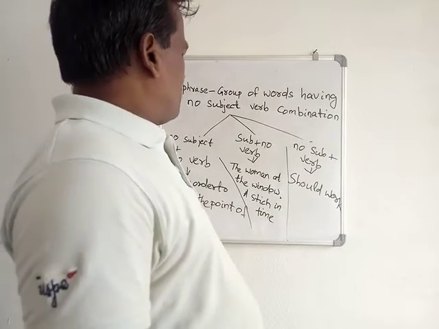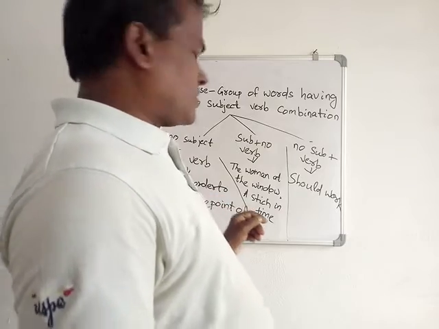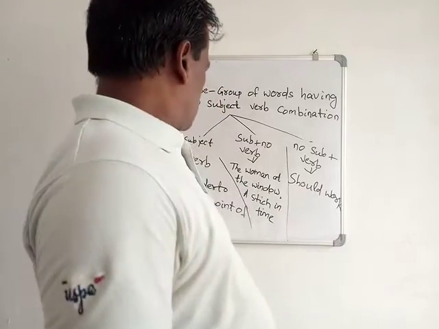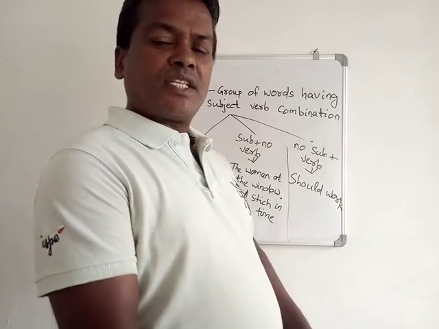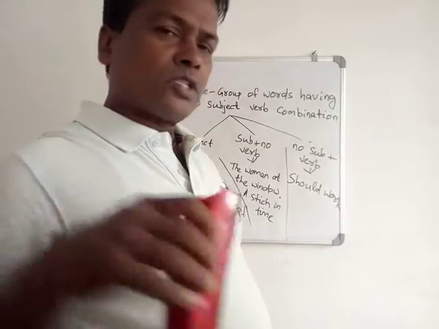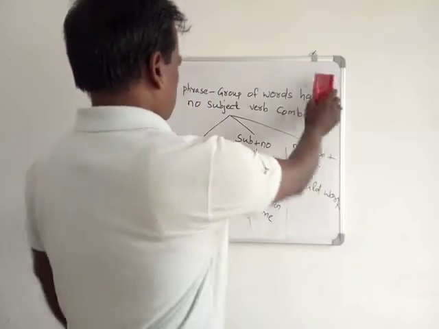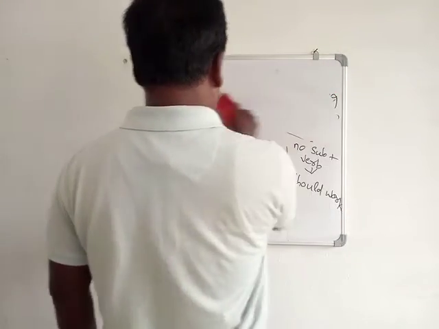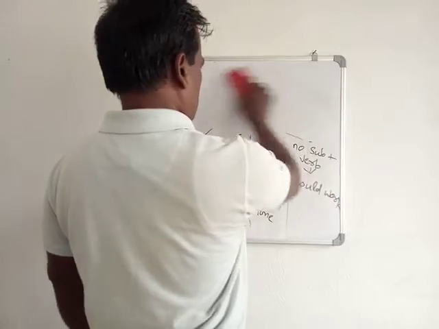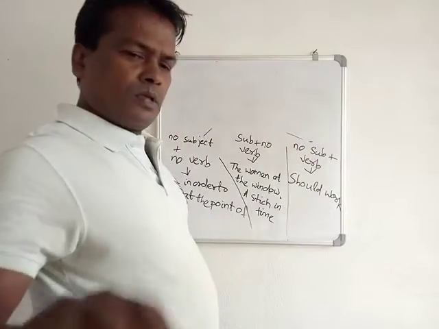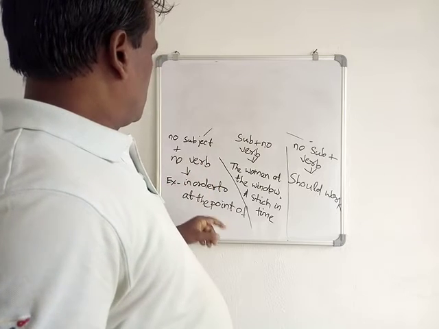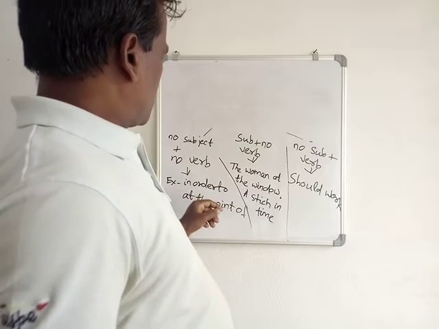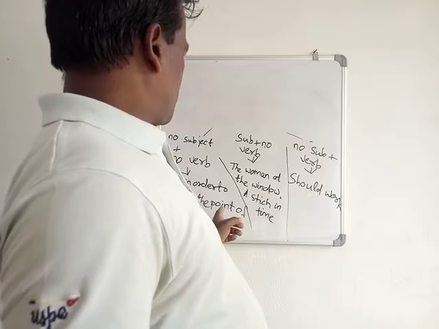We will understand the phrase better if we use them in sentences. Let us use them in sentences. The first one, no subject, no verb. Its examples, in order to and at the point of.